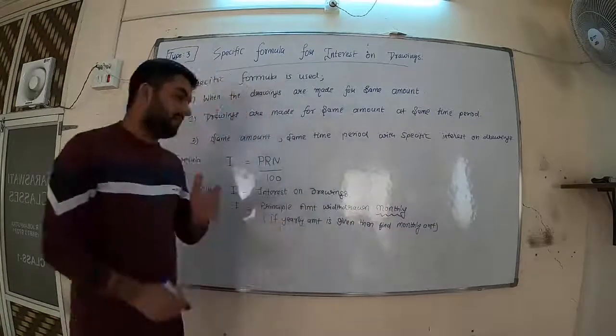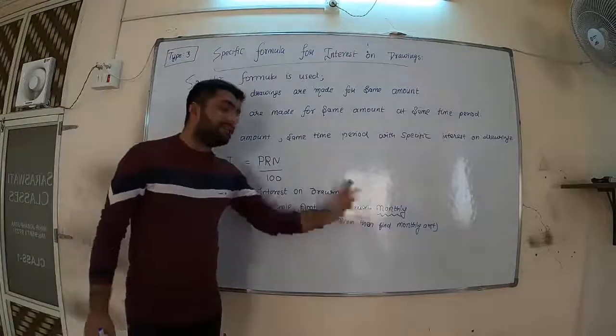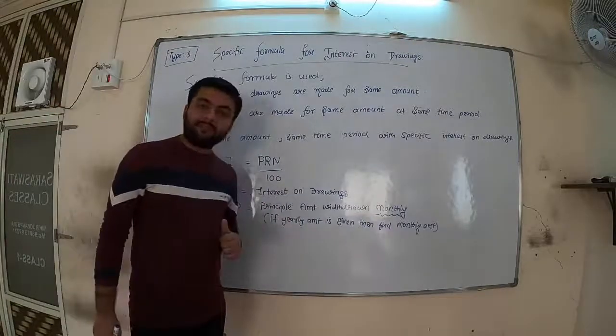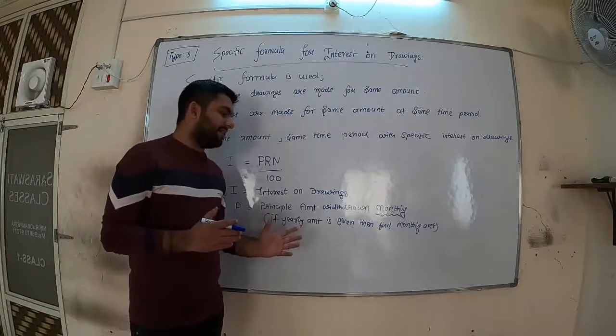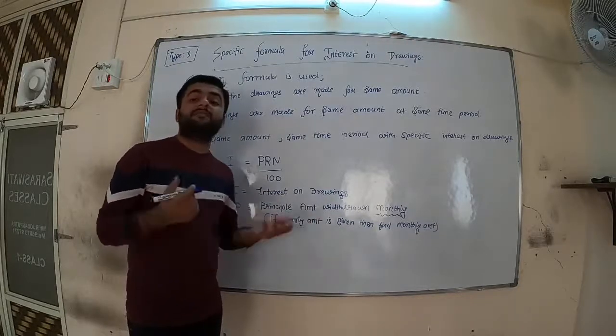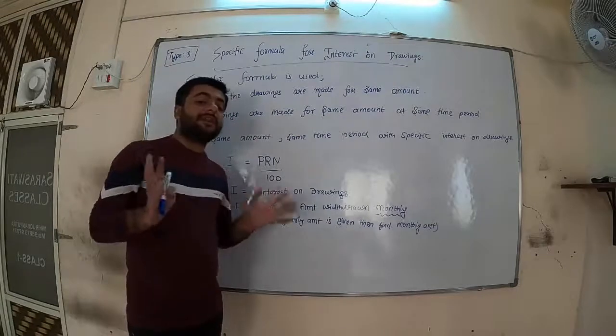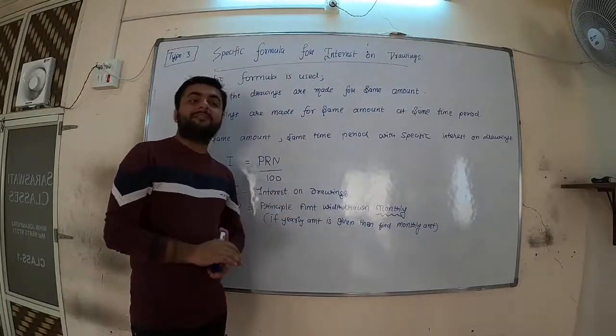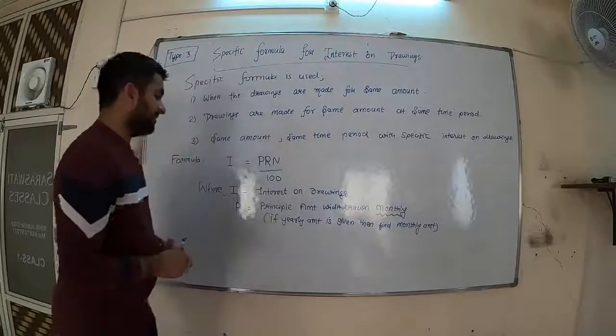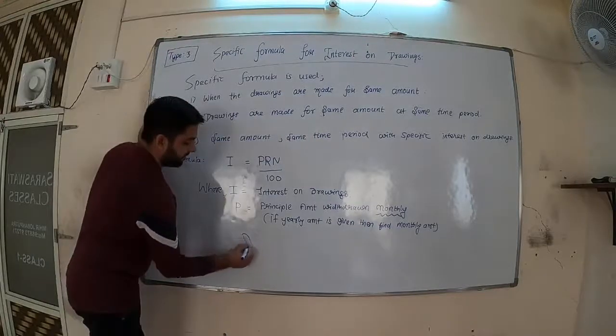So in the sum we need monthly amount, not the yearly amount. If by chance yearly amount is given, then find the monthly amount by dividing by 12, because the yearly amount is of 12 months. So to ascertain the monthly amount, divide by 12.